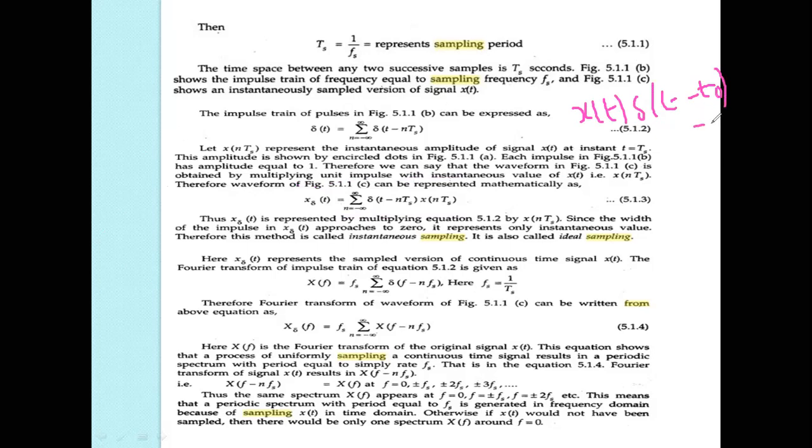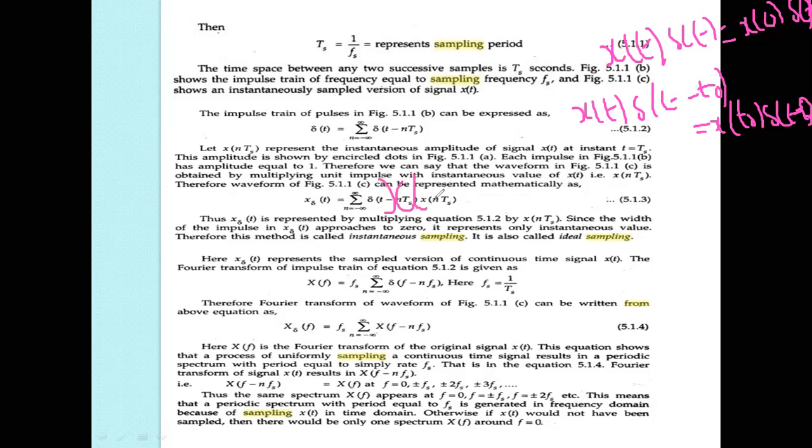It means x of t will be obtained only at t equal to t naught. Otherwise, x of t into delta of t: delta of t is 1 at t equal to 0, so we get x of 0 into delta of t at one value only.